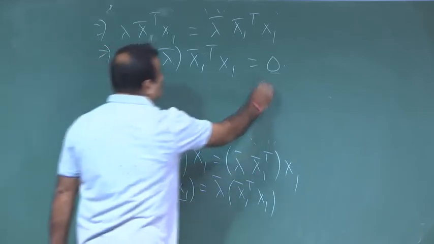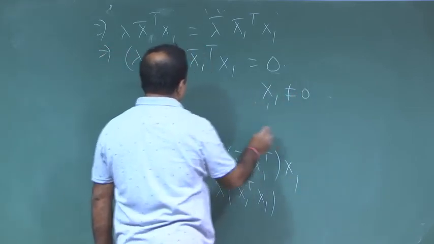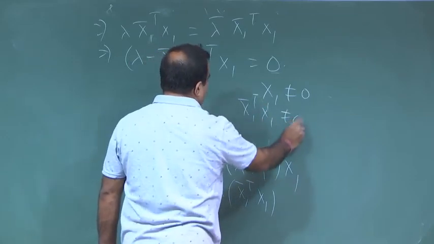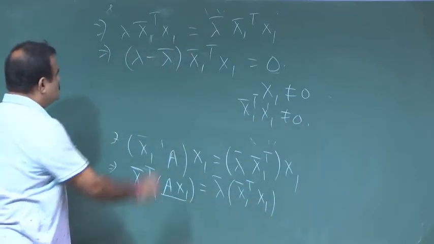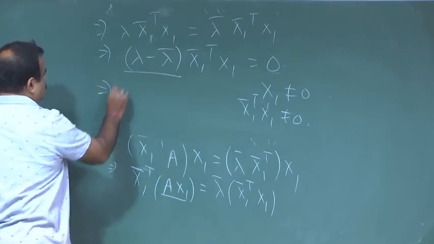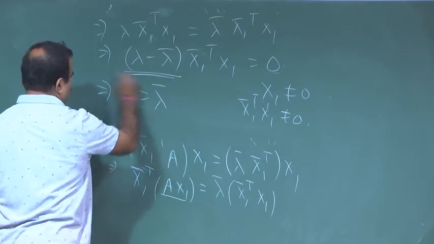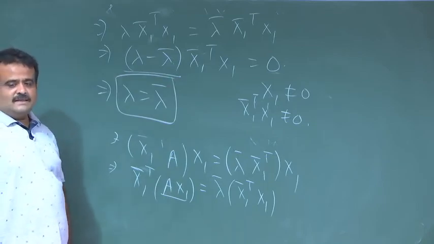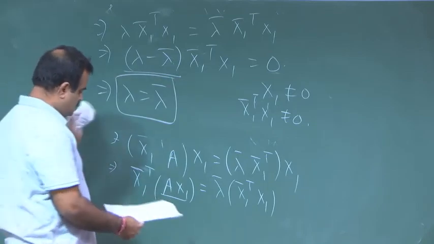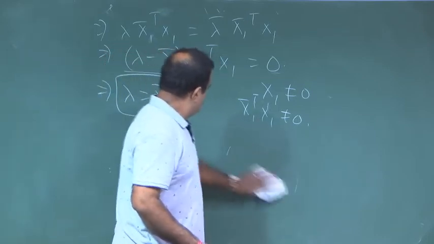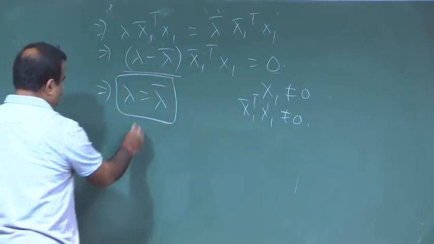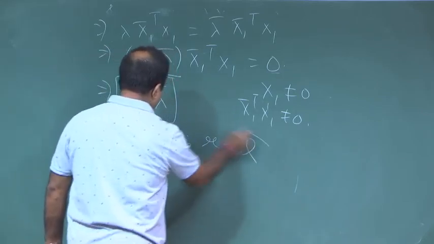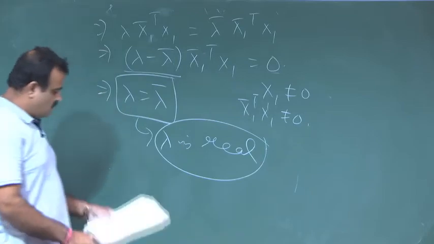Now, x 1 is non-zero. So, that means x 1 bar transpose x 1 is not equal to 0. So, this means this has to be 0, lambda is equal to lambda bar. So, this means lambda is real, purely real, no complex part, no imaginary part in it.